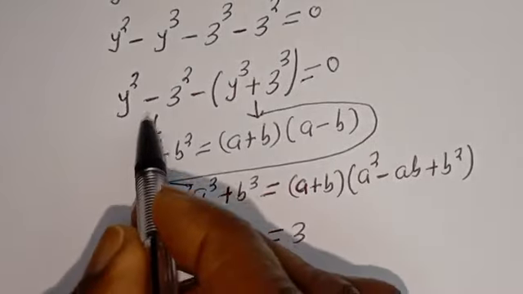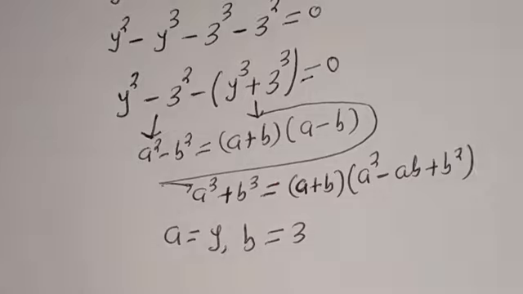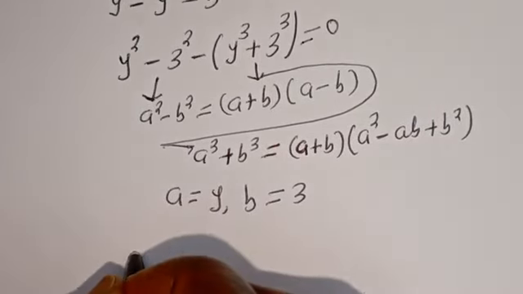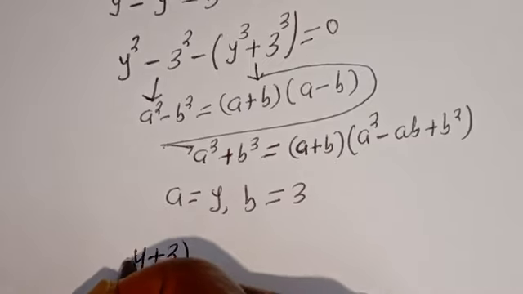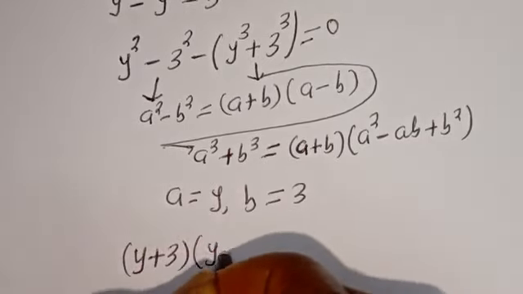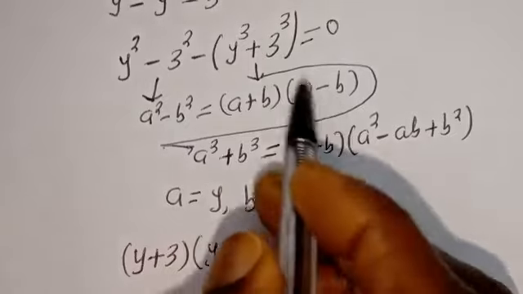So let's consider y squared minus 3 squared. This is y plus 3 bracket y minus 3. Then let's consider the next part.